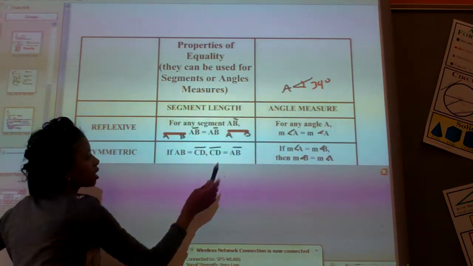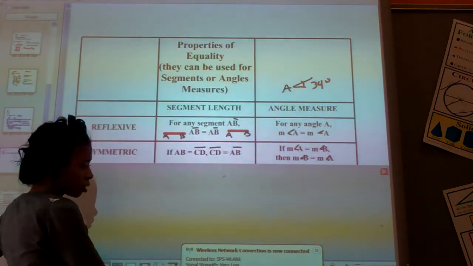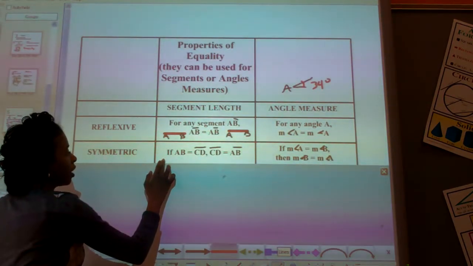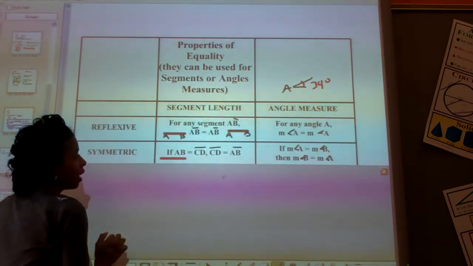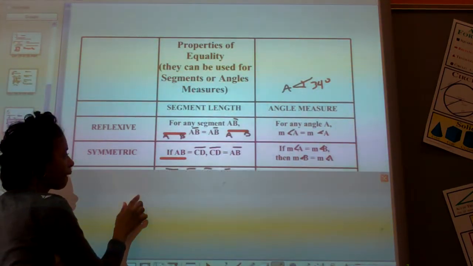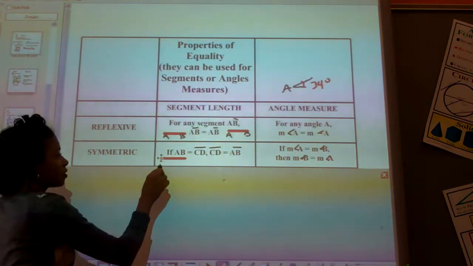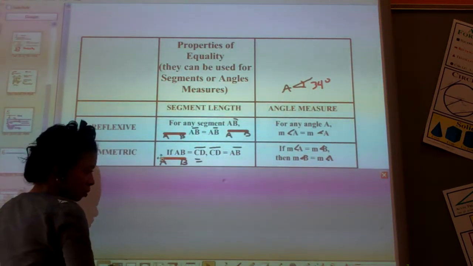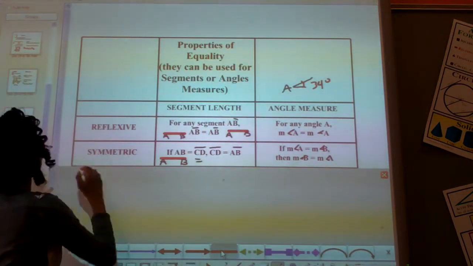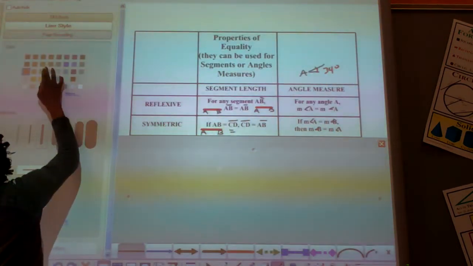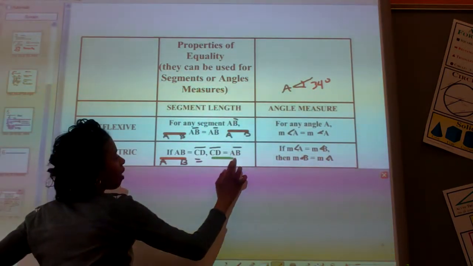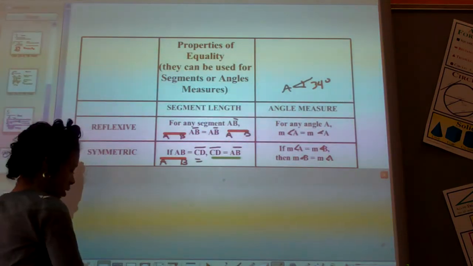So if I have that drawn here, if I have segment AB, and I say that the length of segment AB is equal to the segment CD.